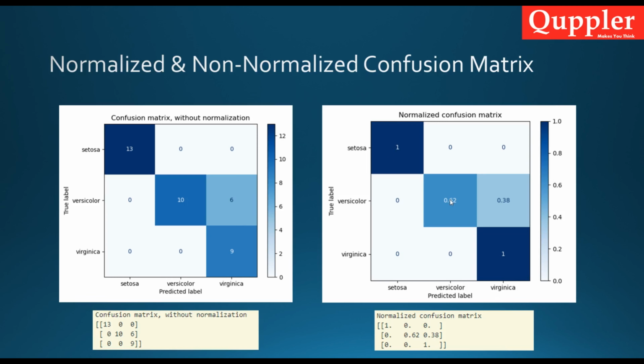Whereas for versicolor, it has been predicted as 0.62, and 0.38 it predicted as Virginica. So the values are between 0 and 1. This is the normalized confusion matrix, and this is without normalization.